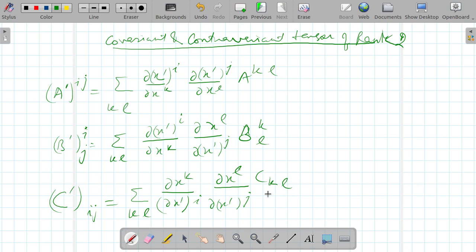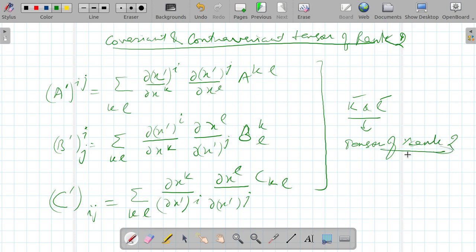If I look at these, we have taken the product of partial derivatives, and here k and l are two indices, so it is a tensor of rank 2. These two indices decide that it is a tensor of rank 2, right?